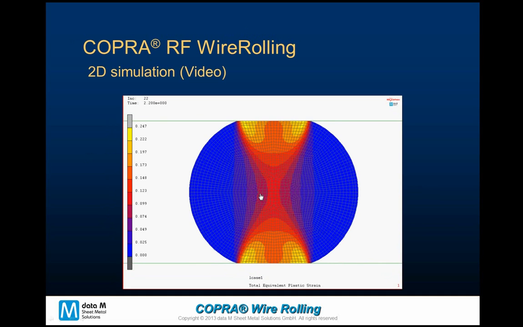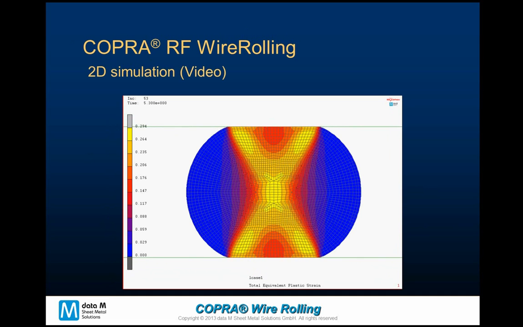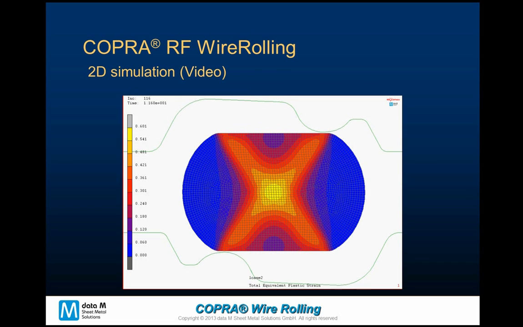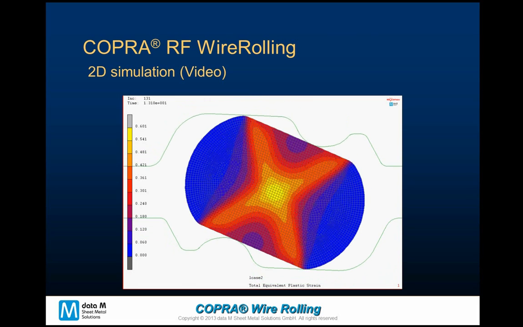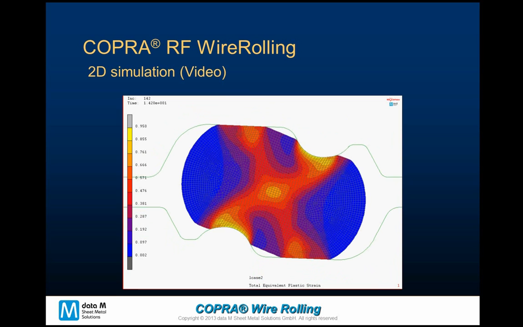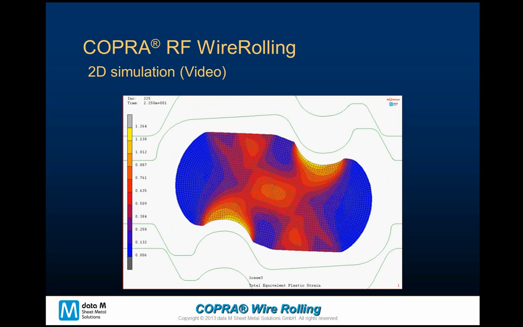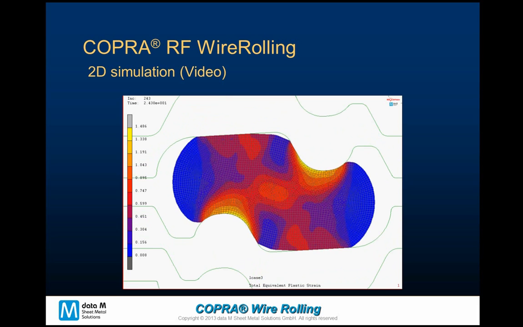Now in this situation, a short video of a 2D simulation of a wire. You can see how the round wire is being deformed, first of all to a flat wire, and then step by step to a shaped wire.